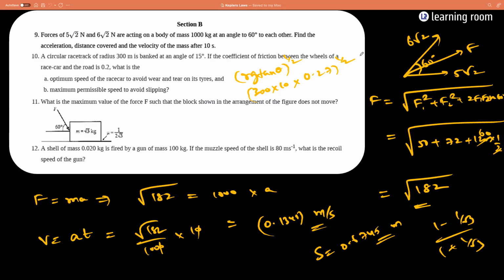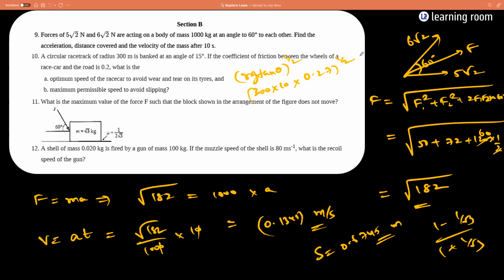So 300 into 0.27 is 81. So the square root of 81, which is 9, into square root of 10. Square root of 10 is 3.3.